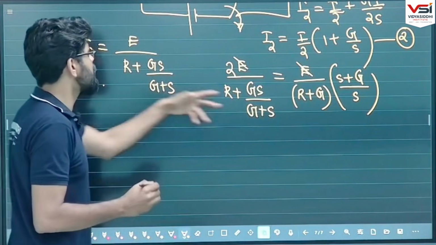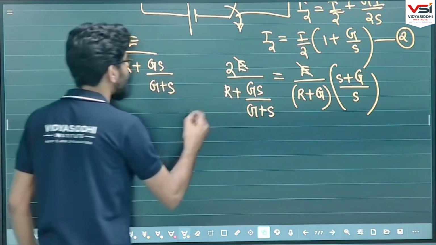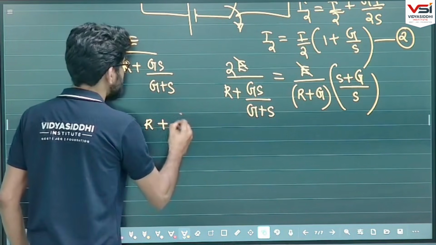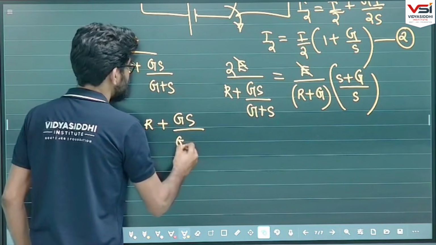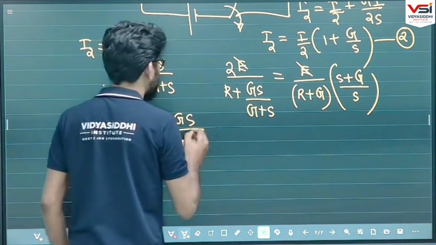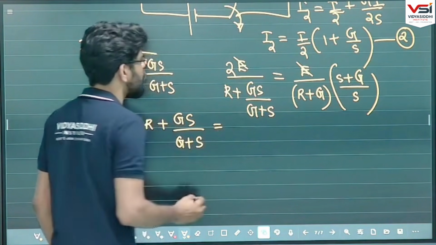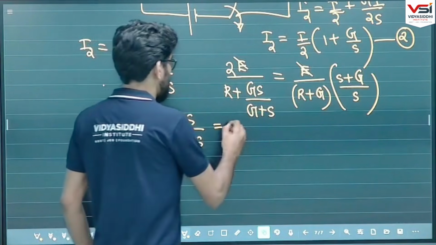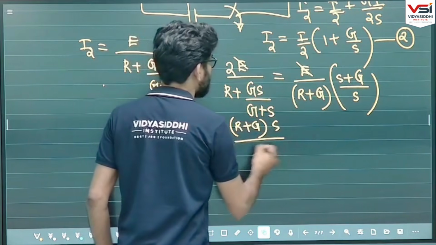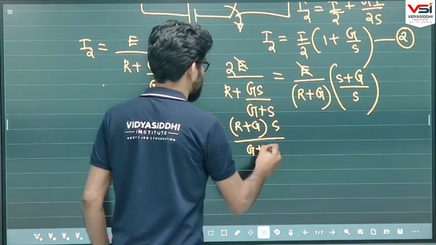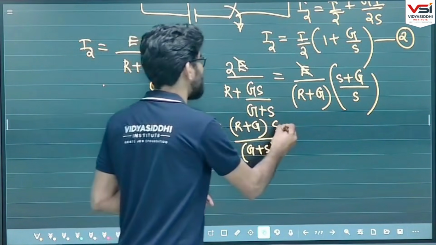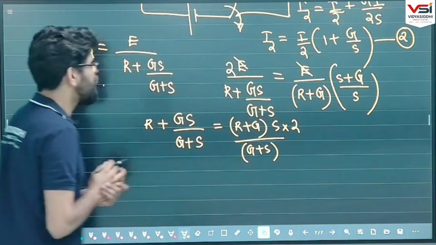Let us write down the reciprocal of this expression. If you write the reciprocal, R plus GS divided by G plus S, the whole divided by 2, is obtained as R plus G into S divided by G plus S. The whole divided by 2 was there, so let me write that 2 here.